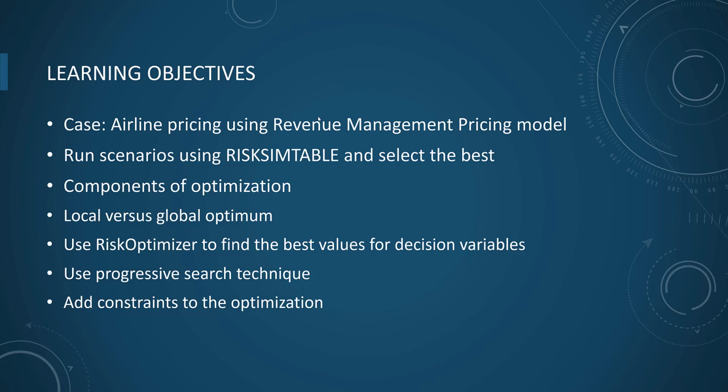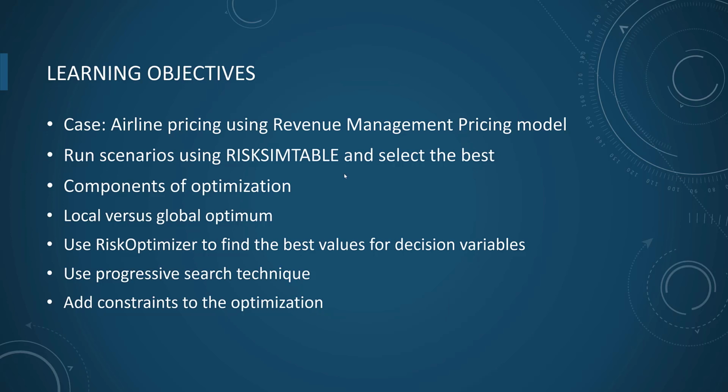So the first approach for optimization is to just simply run scenarios using RiskSimTable and select the best. Obviously, RiskSimTable is very limited, so you can only consider a handful of possible values. Otherwise, it becomes really complex. And what if you have several decision variables?